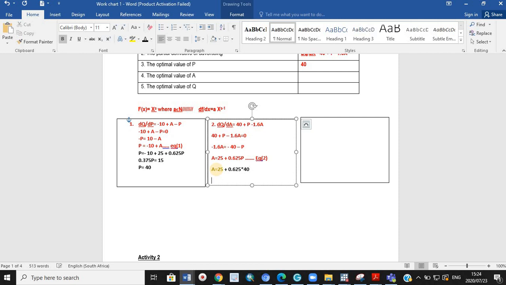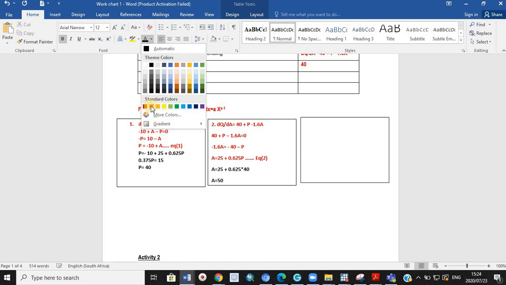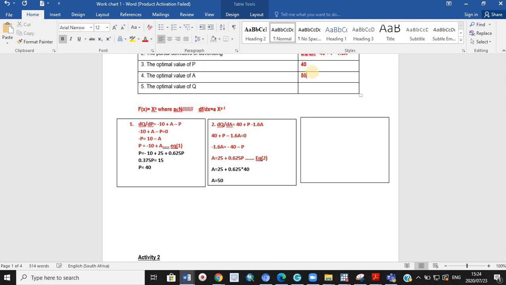Very good. a should be equal to 50. So this is going to be equal to 50.